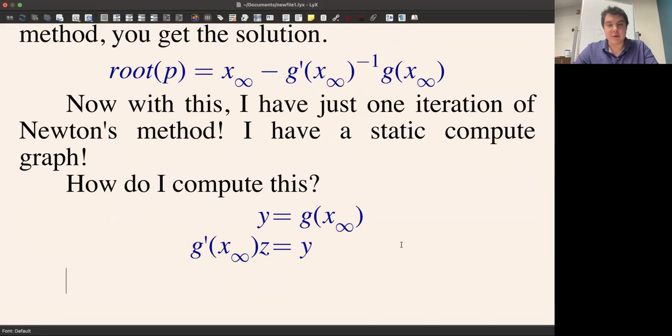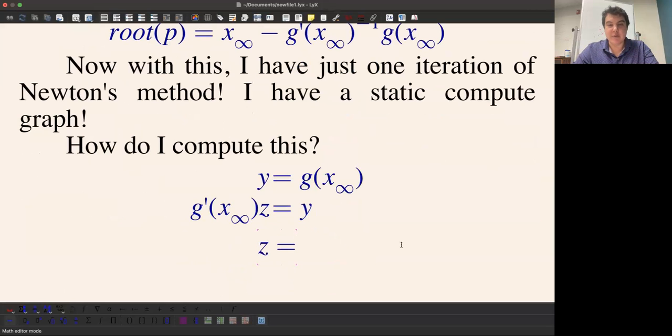And then how would you actually do that in your computer? Well, you'd say that z equals g of x backslash y, right? So remember, you never compute matrix inverses. You always do an LU factorization. I'll skip over the step, but if anyone has a question there, that's always a kind of fundamental thing.